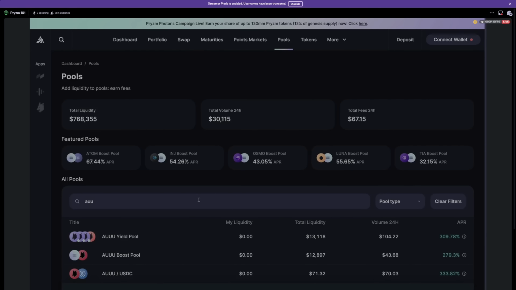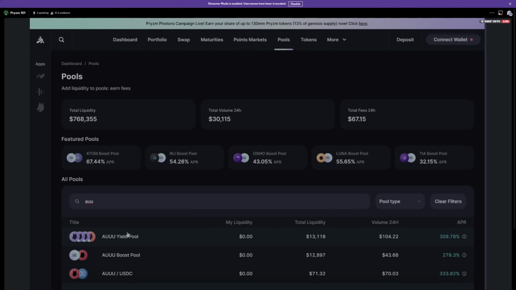So most people got airdrop the AWU boost pool. If you switch that into the AWU yield pool, you're actually going to end up earning photons as a result.